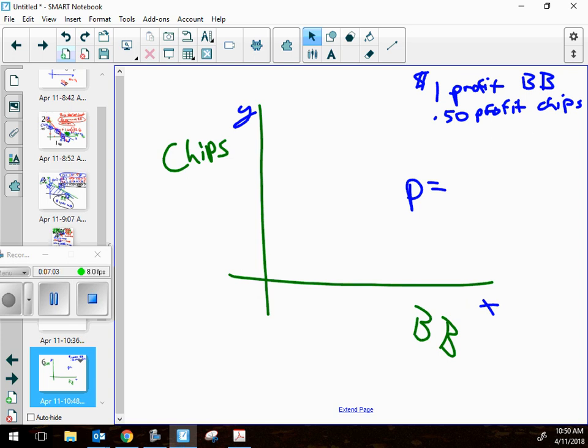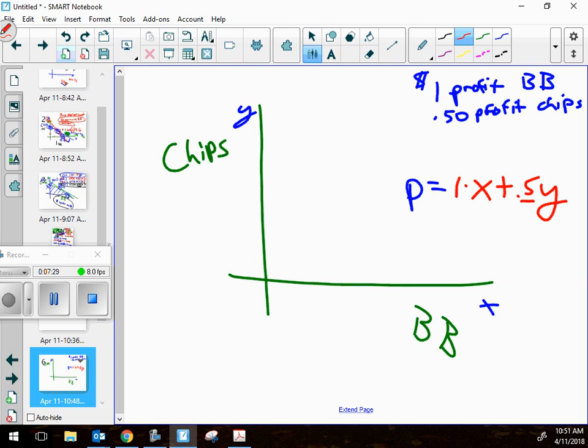This isn't one of those where they say, "Oh, and you're going to make this much profit each day." It doesn't say that. So, how much for each X? 1 for each X, plus how much for each Y? 0.5 for each Y. There.